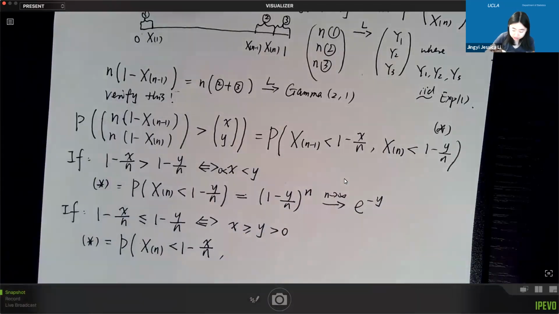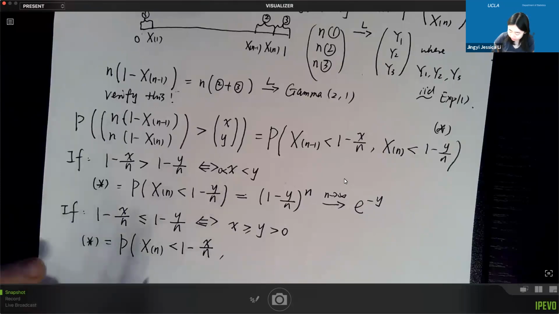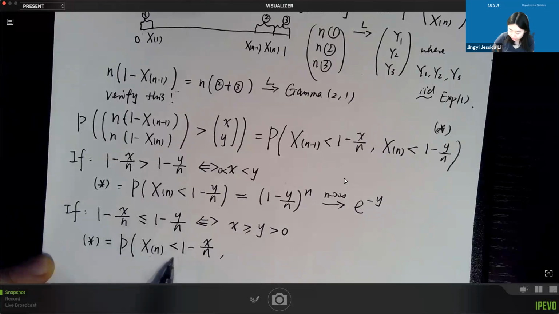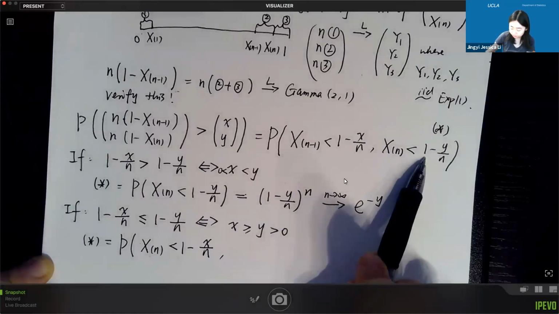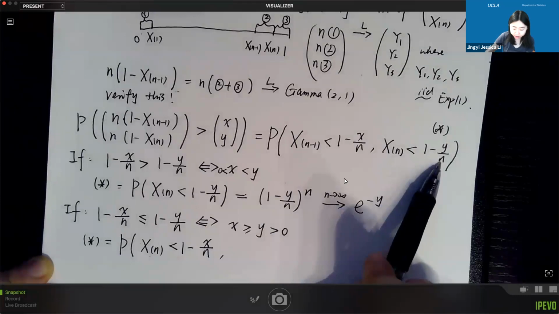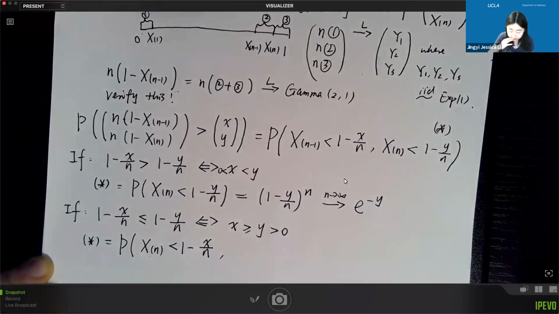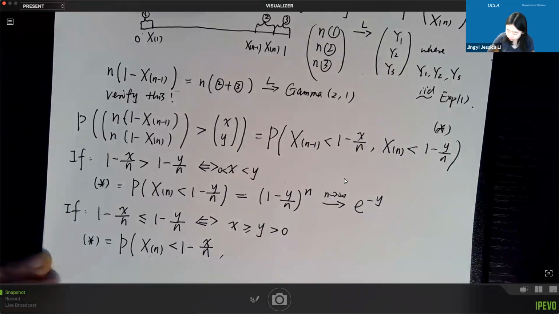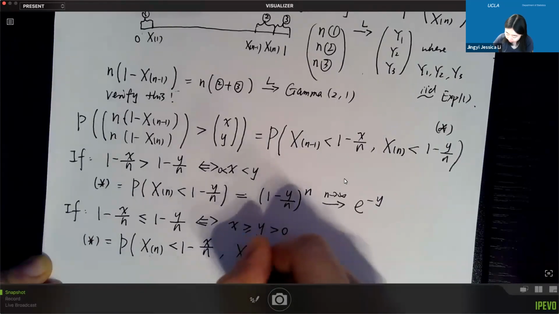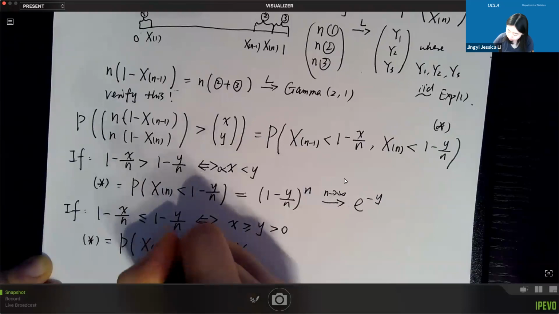So sorry, I should say that the second maximum is less than or equal to that. And the maximum must be greater than the second maximum, but it's bounded above by 1 minus y over n. So essentially, let me continue to write this down first. x_{n-1}, sorry, this is a typo.